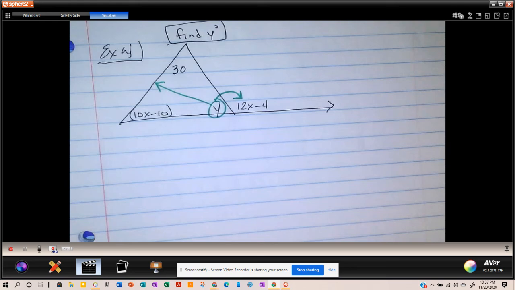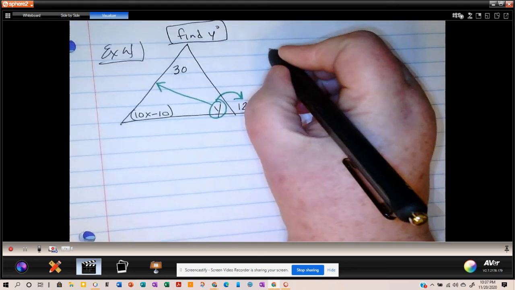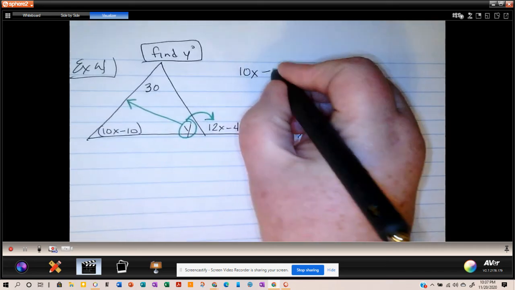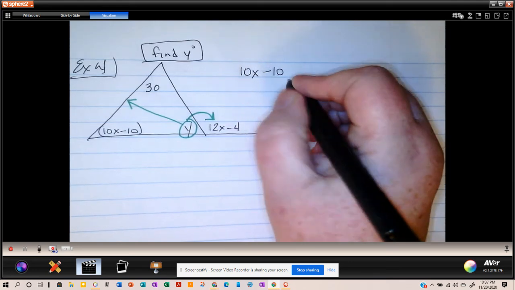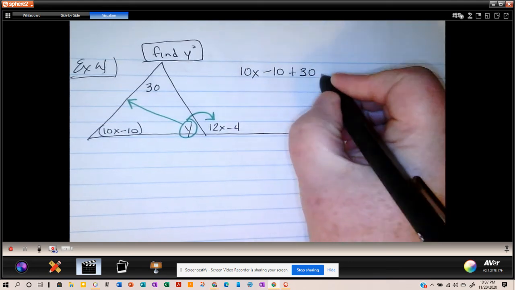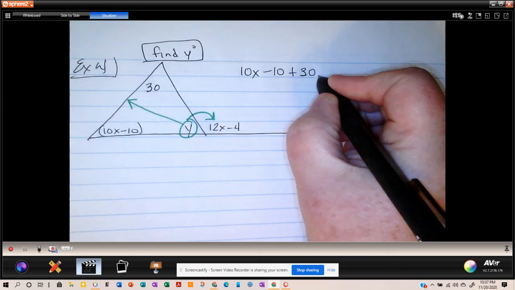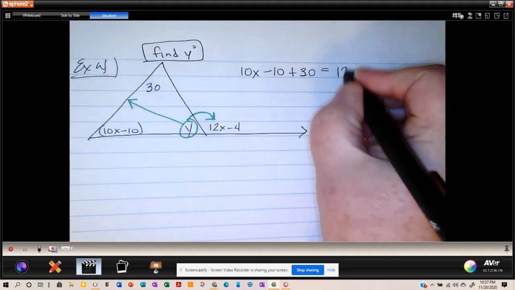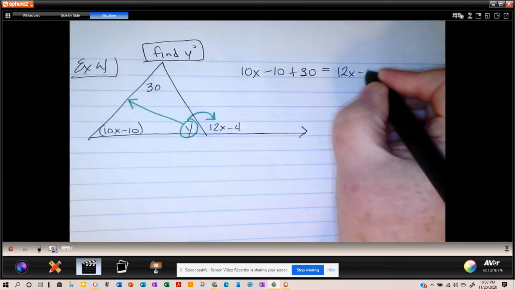So let's write an equation. 10x minus 10 plus 30 is equal to 12x minus 4.